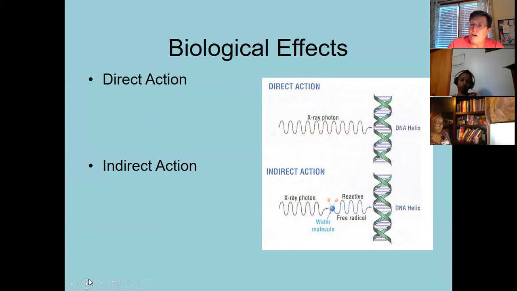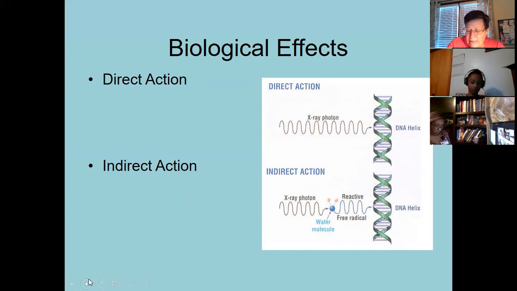But now we're going to talk about them just a little bit differently, because we're going to look at them in terms of how does this energy that they leave in the body get to biologically important molecules. And so when we describe that, we describe it as either direct action occurring or indirect action occurring.